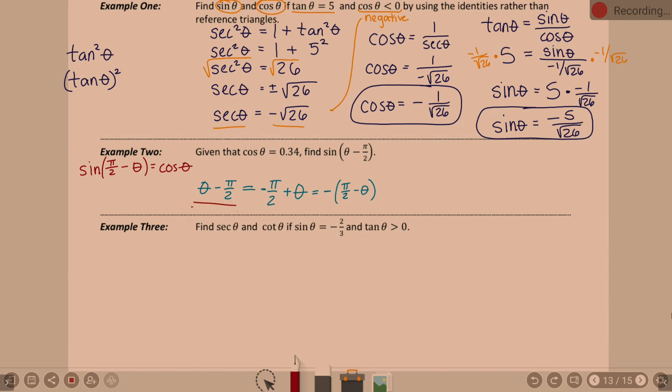Theta minus pi over 2 is equal to negative of pi over 2 minus theta. Agree? The reason I did that is that it makes the connection between the cofunction of pi over 2 minus theta and the problem we have, which is theta minus pi over 2. Okay, that's the only little trick to this problem.